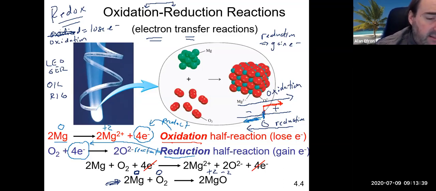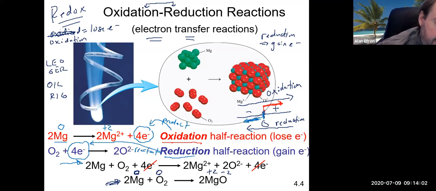And that is because if you add both of these reactions back together, which is what you get here, when you add reactions back together, basically everything on the left-hand side of the arrow stays on the left-hand side of the arrow. Everybody on the right-hand side of the arrow in both of those equations stays on the right-hand side of the arrow.